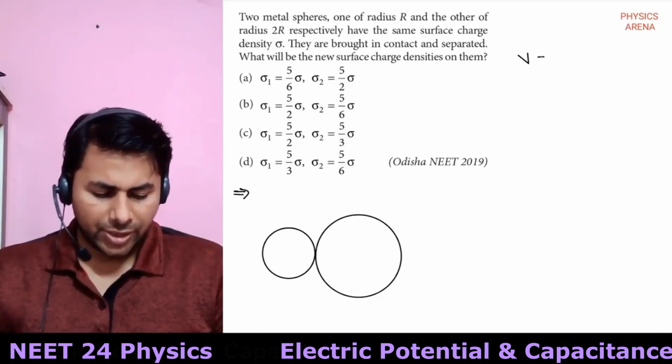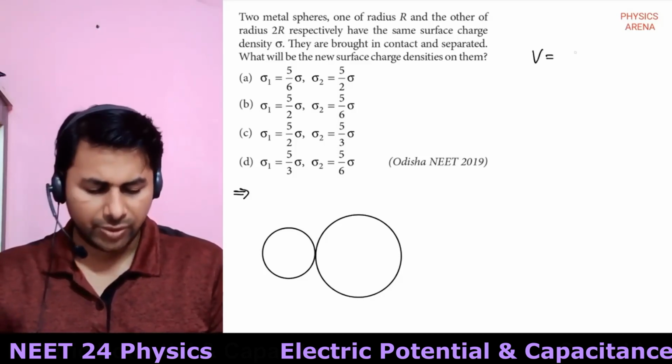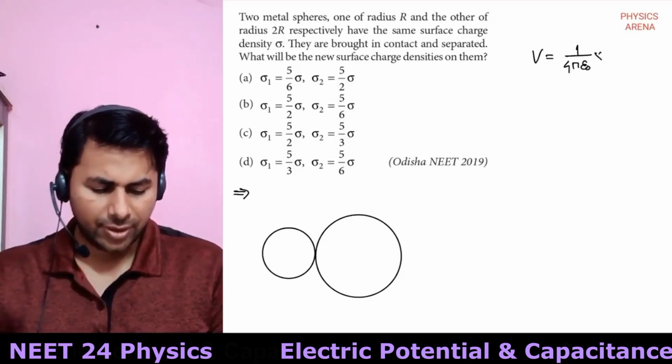So we know that potential for a sphere is equal to 1 upon 4 pi epsilon naught multiplied by q upon r.